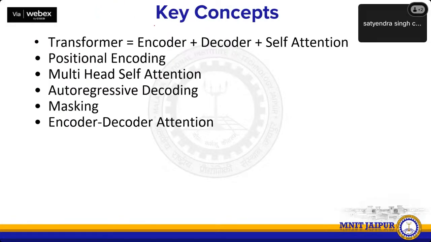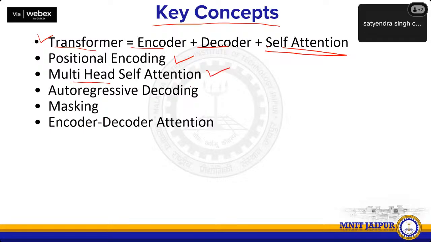So the key concepts, I hope by understanding the transformer, you must have understood what is transformer, what is encoder and decoder, and the self attention mechanism. The concept like positional encoding, at least now you have an intuitive idea of it.